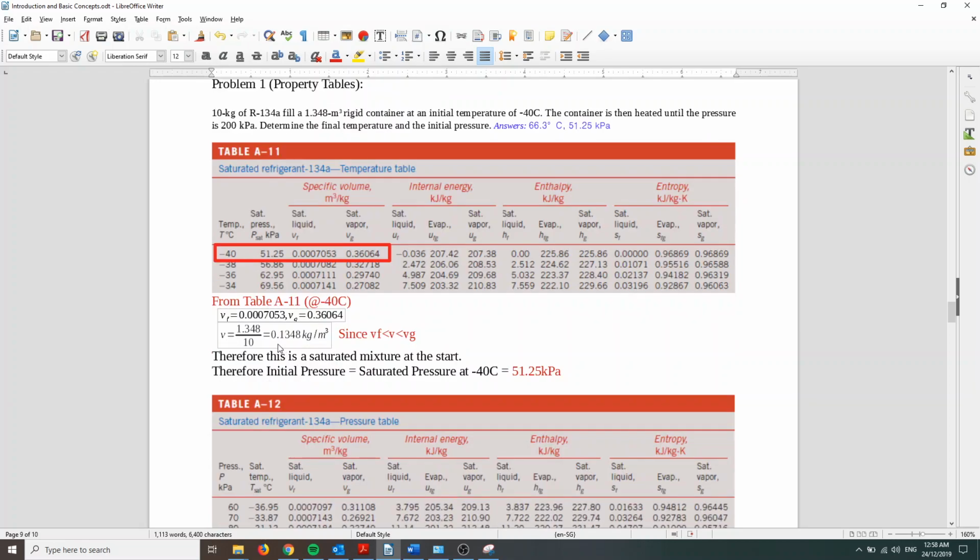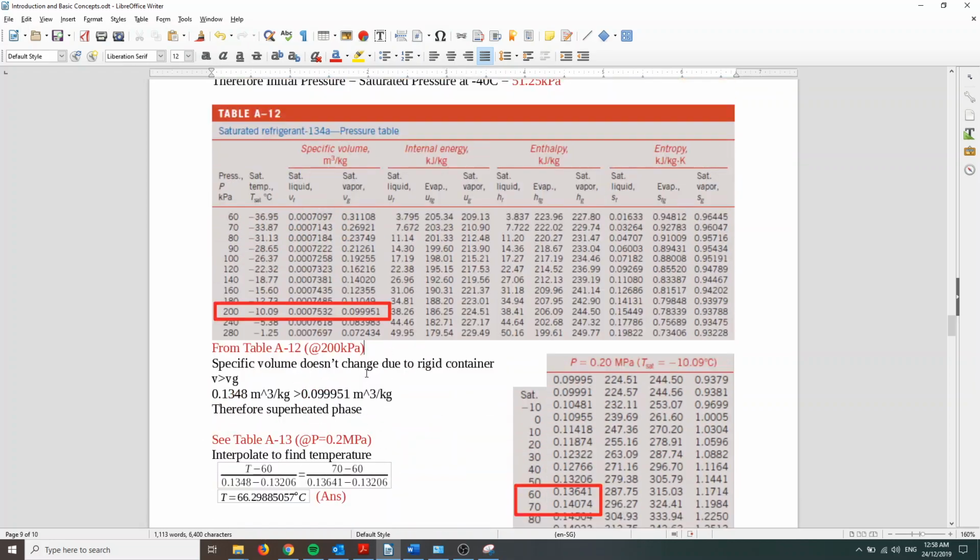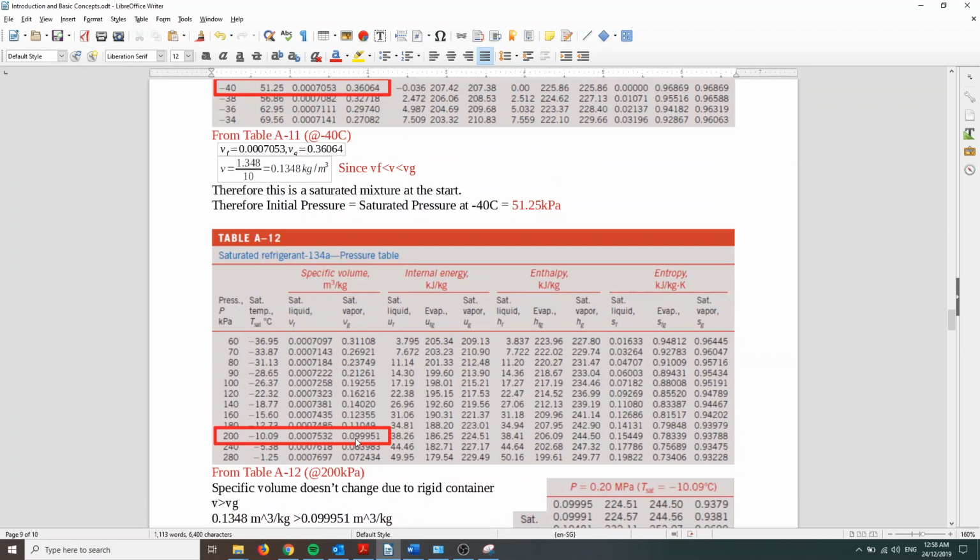Using these values, we compare with this VF and VG. What you realize is that your V, the specific volume, is more than the VG. This means it has gone beyond the saturated vapor state already. It has taken a larger volume, and this means it is at the superheated phase.